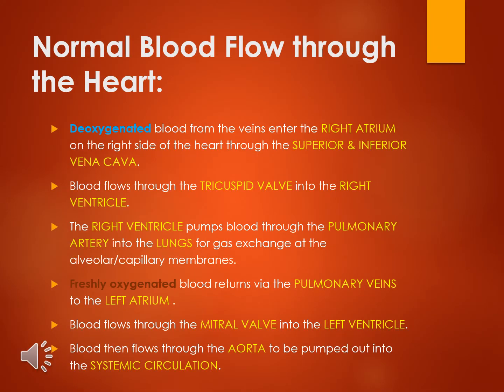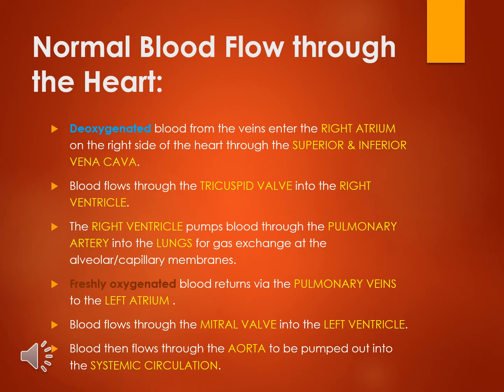The normal blood flow through the heart begins on the right side. Deoxygenated blood from the veins enters the right atrium on the right side of the heart through the superior and inferior vena cava. Blood flows through the tricuspid valve into the right ventricle. The right ventricle pumps the blood through the pulmonary artery into the lungs for gaseous exchange at the alveolar and capillary membranes.